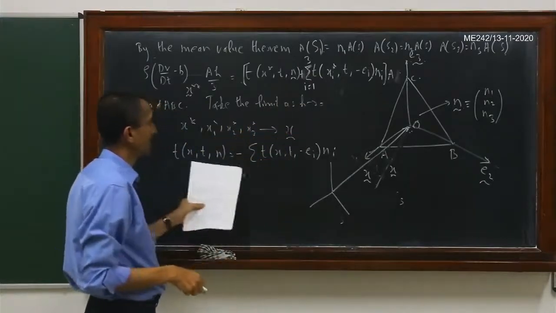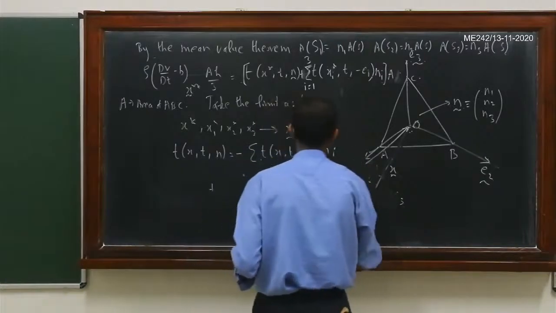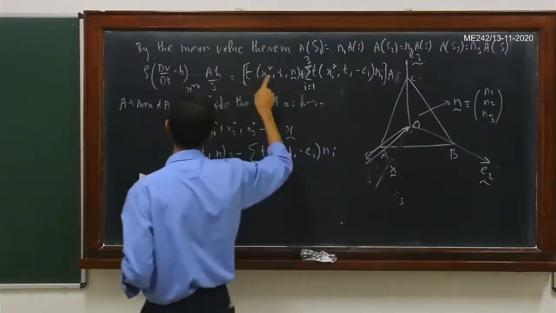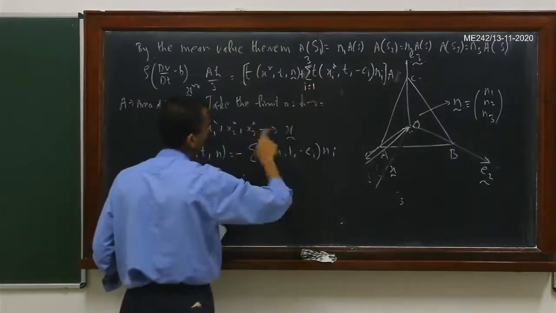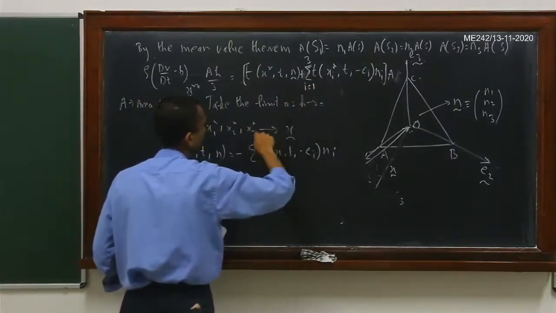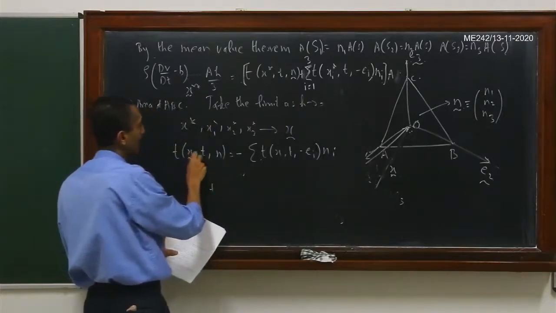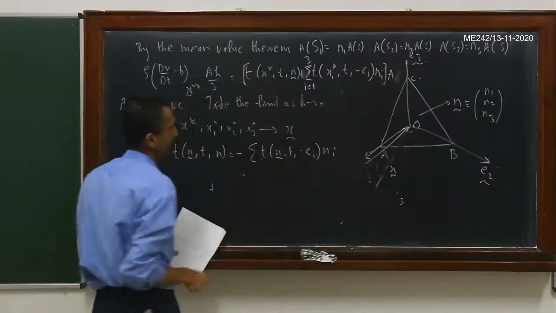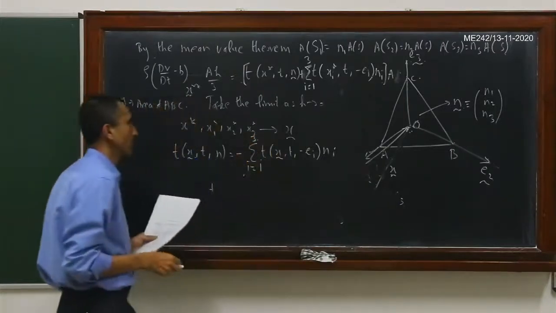So this is the result that you will get here. As I said, this x star tends to x, then the x1 star also tends to x, x2 star tends to x, and x3 star tends to x. That is why in the limit we are replacing this by x itself. And so this is i equal to 1 to 3.